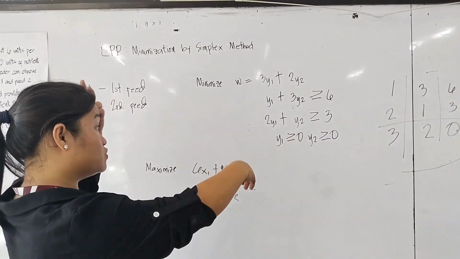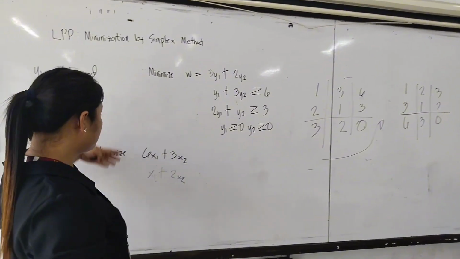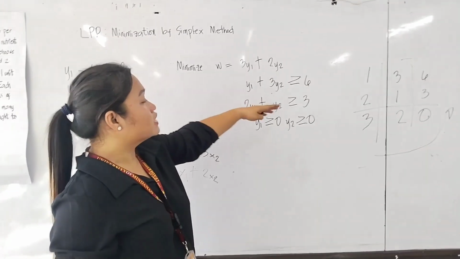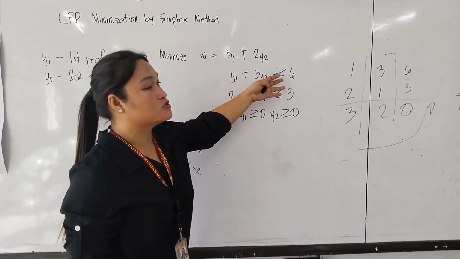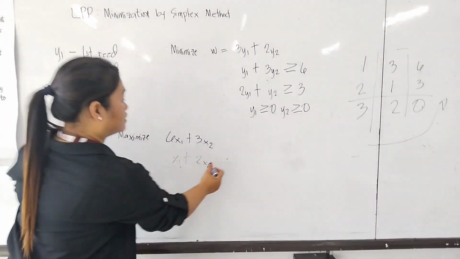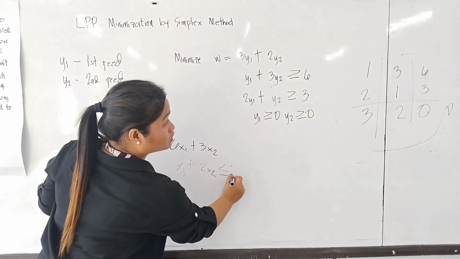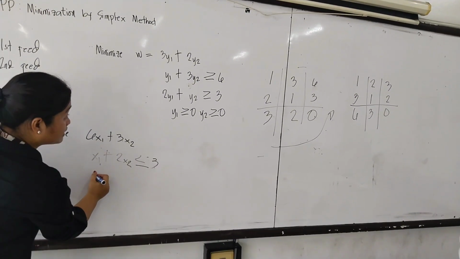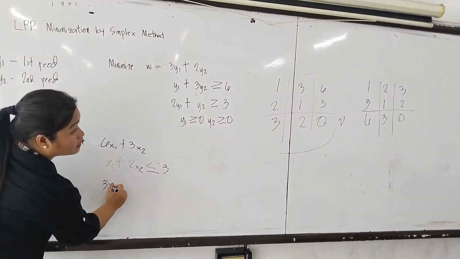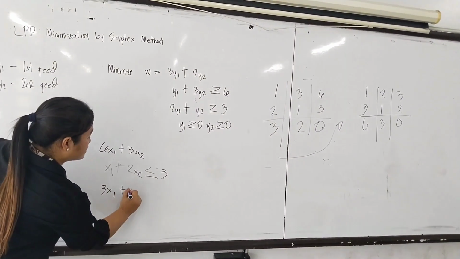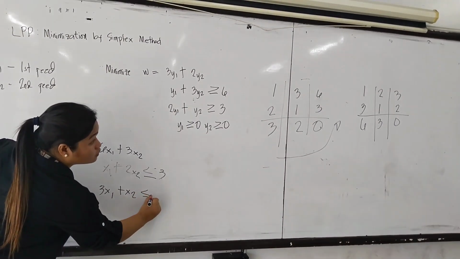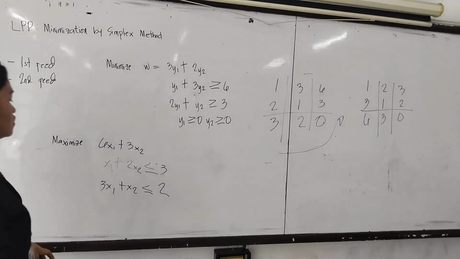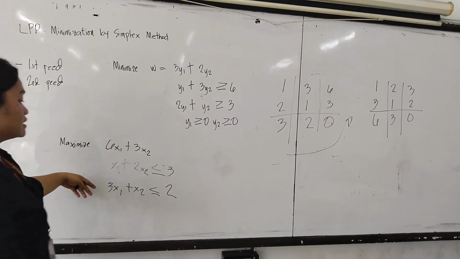In order to transpose this minimization into maximization, we also change the symbol, so it is now less than or equal to 3. Then the second row is 3x1 plus x2, less than or equal to 2. So we have now our second constraint.